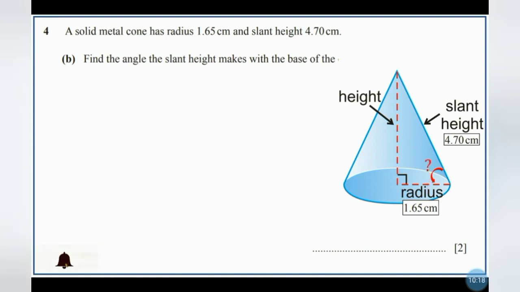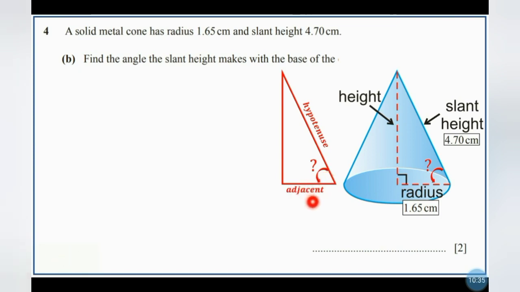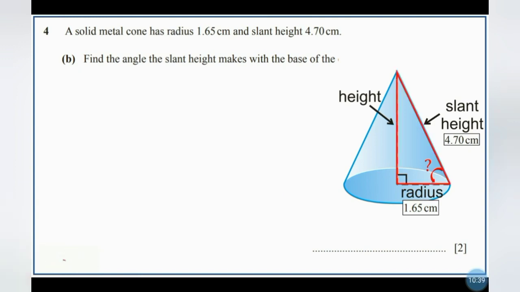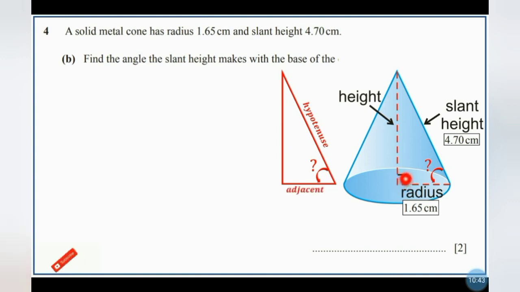Okay, how do we look for that? Let's try to separate so that we can better understand. Remember this part is what you call hypotenuse, and since this is the angle, the adjacent side is this part. Also take note that this is a right triangle, so this is actually a right angle.